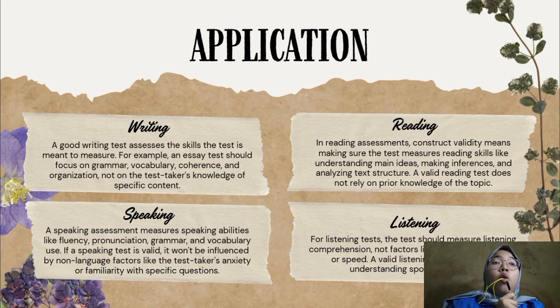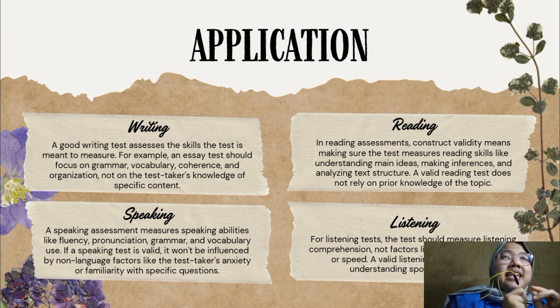There are 4 skills in English: writing, reading, speaking, and listening. I'm going to give one example of each validity in just one English skill. So, in content validity, I'm going to give an example in writing test.